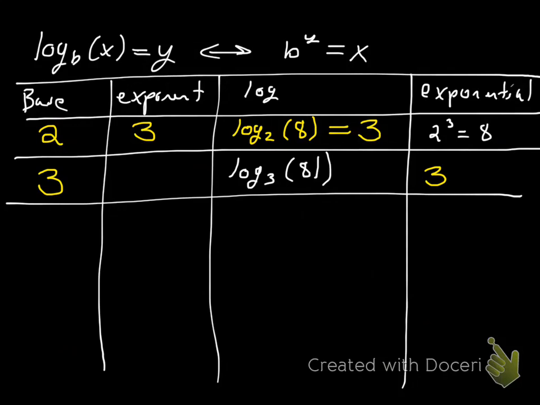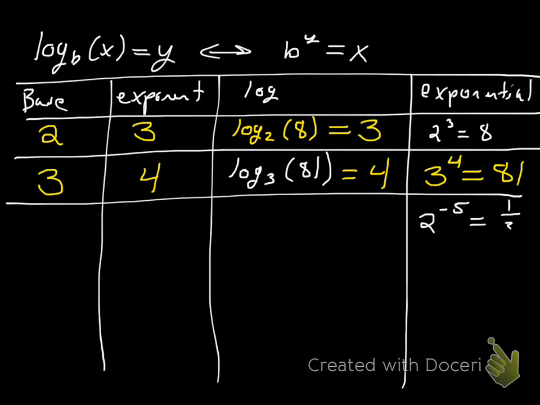I'm going to put it over here in exponential form on the right to see if I can find what that exponent is. 3 to some power is 81. And it's going to be 3 to the 4th. 3 to the 4th is 81. So that's what my exponent is, and that's what my log is. A little bit of repetition, and you'll get the hang of going back and forth from exponential to log form.